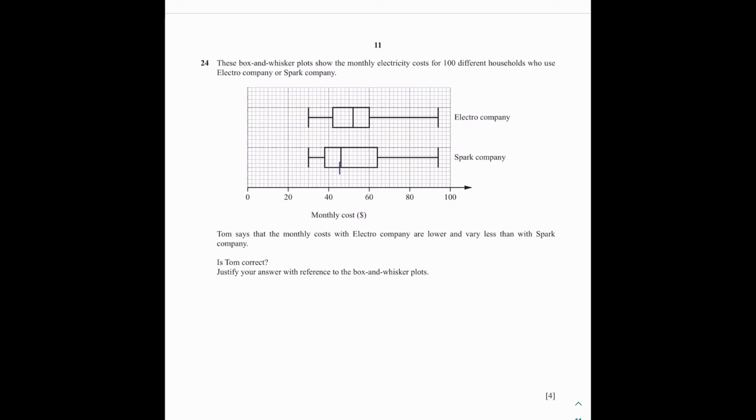So you can see that Spark is clearly cheaper on average. The median for Electro is greater than Spark, so Tom is wrong. Spark is cheaper.